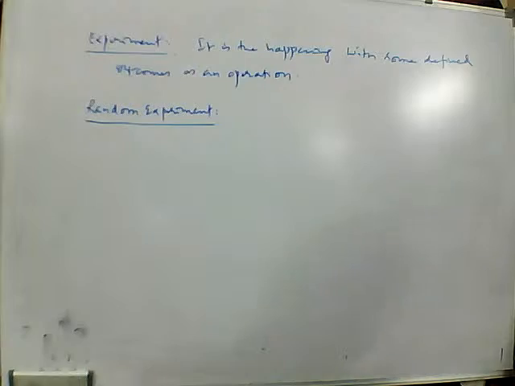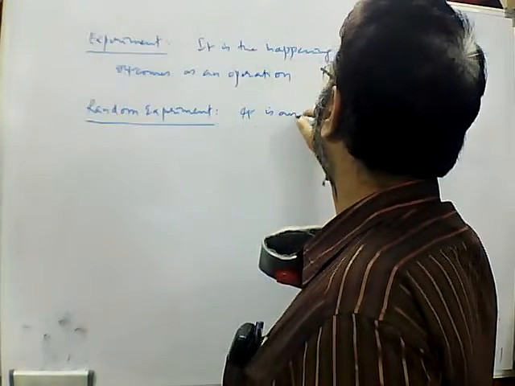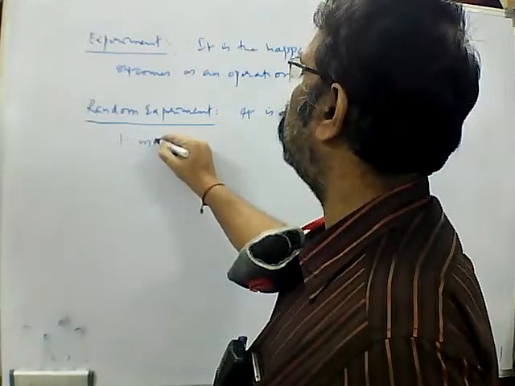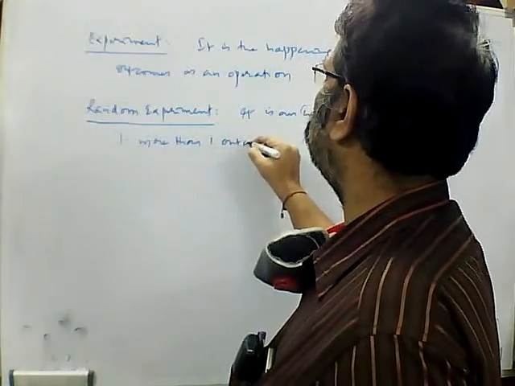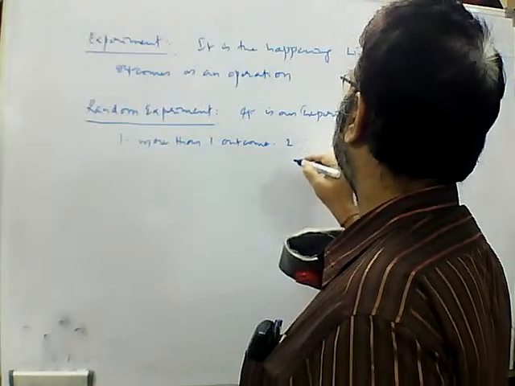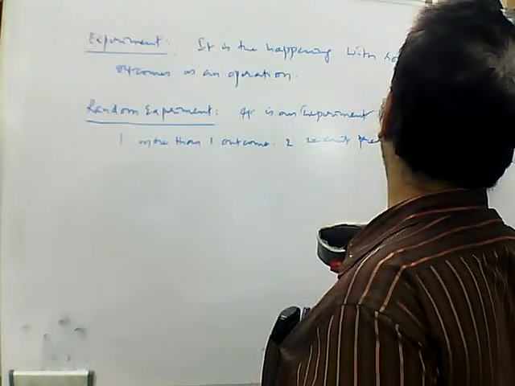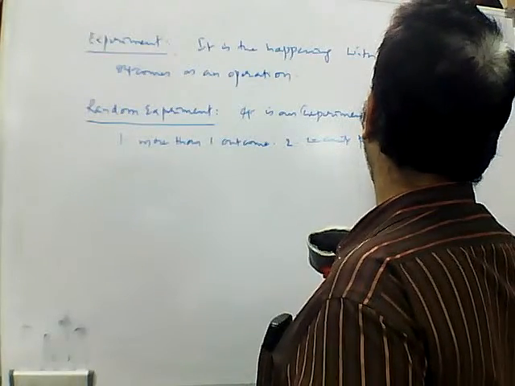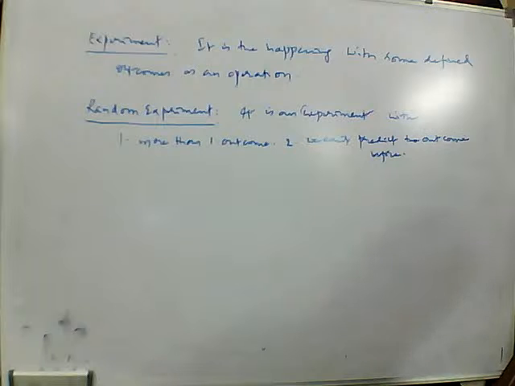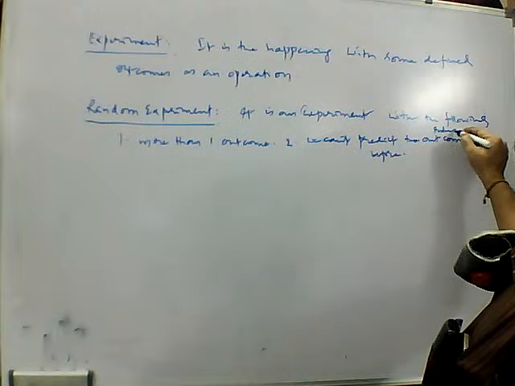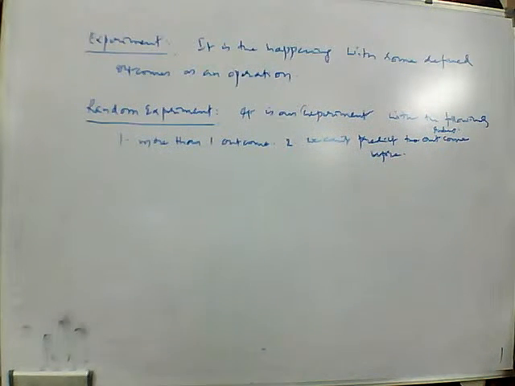A random experiment is an experiment with more than one outcome, and we cannot predict the outcome before, or in advance. This is called the random experiment.